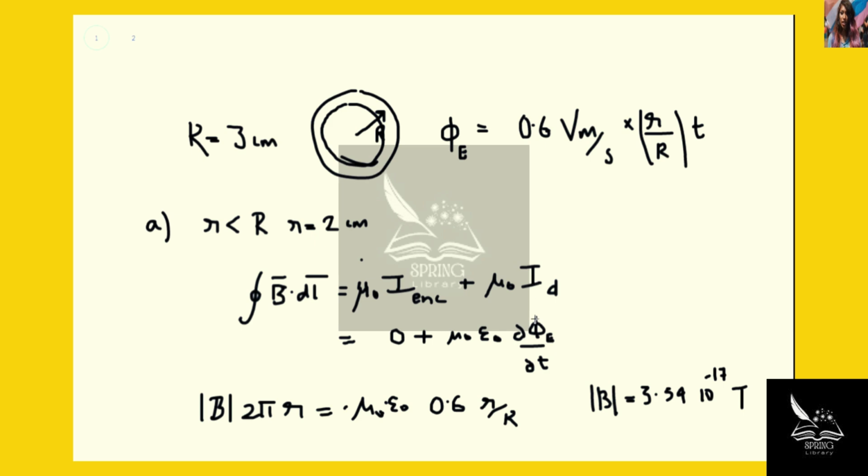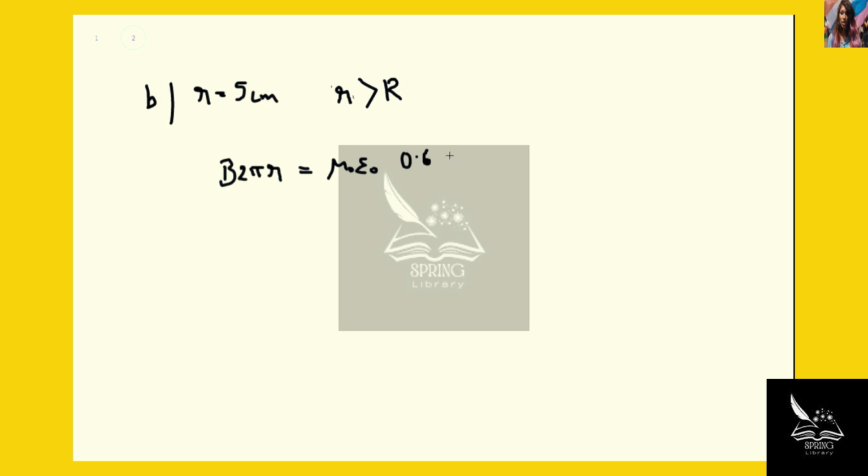Displacement current is purely due to the change in the electric flux, and since the electric flux exists only in this region, we should also remember that the electric field exists only within this region, which has a radius of capital R. So r can only go from 0 to R, it cannot go beyond that. This means r over R is just equal to 1, and we get the total net maximum change in electric flux.